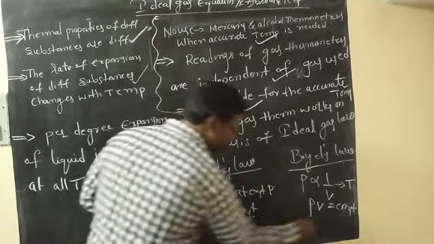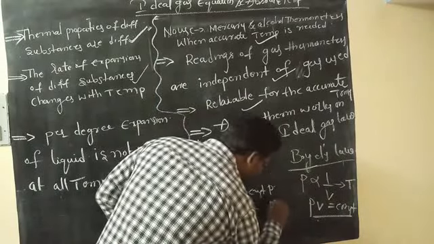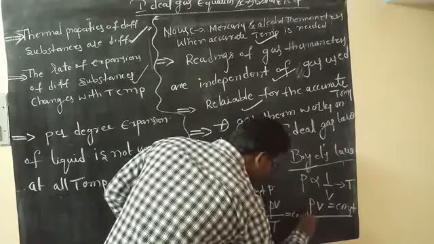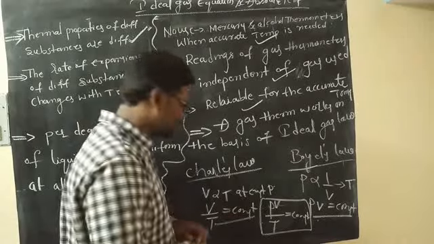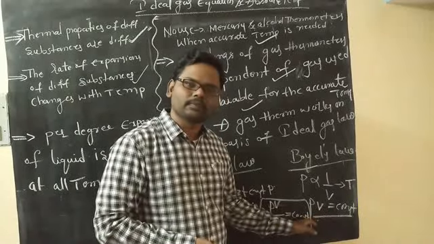By combining these two equations, we can write PV by T equals constant. This PV by T equals constant is what we call the ideal gas law.